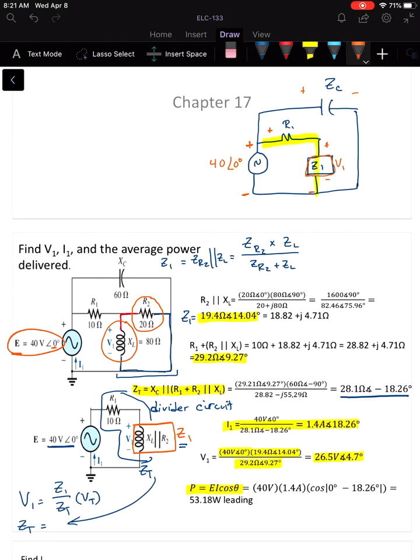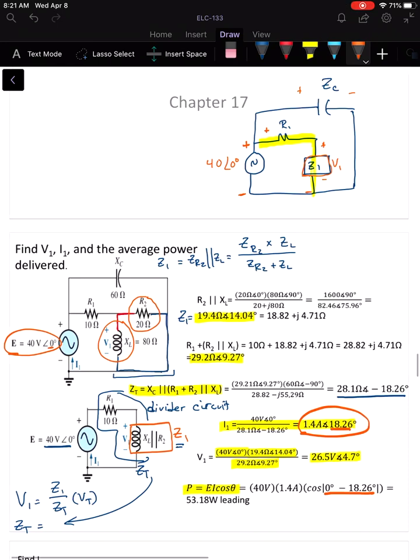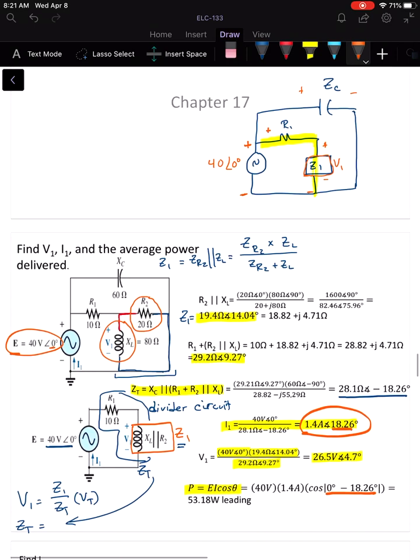So the phase angle for E is 0, and I, and the phase angle there is 18.26. So the difference in phase angle is 18.26, and we're looking at the absolute value there because we'll account for which is leading or which is lagging when we talk about our power factor.